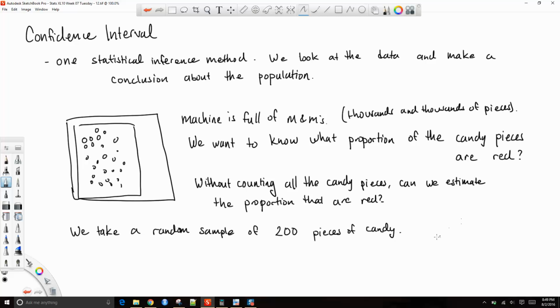So we take a random sample of 200 pieces of candy, and in our random sample, we'll say 36 pieces are red.